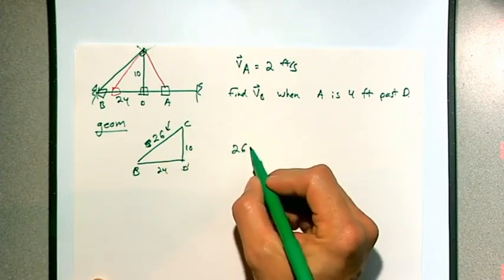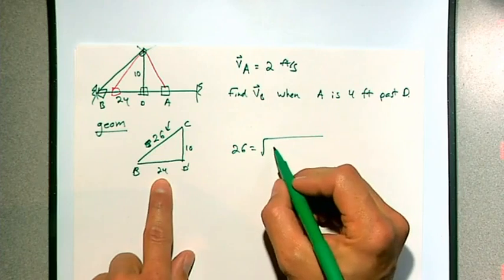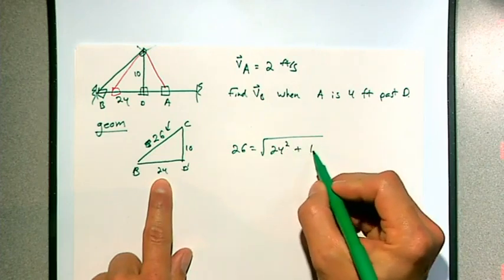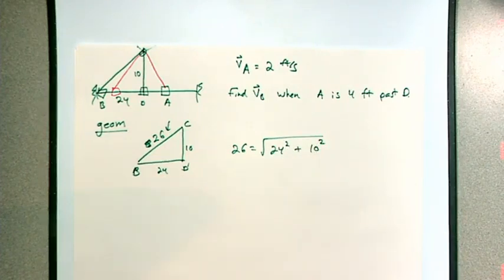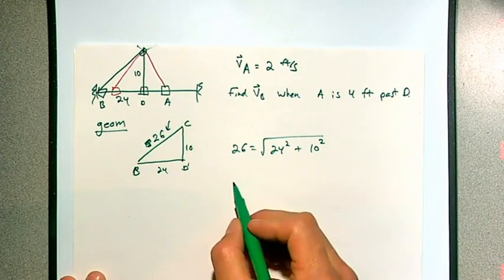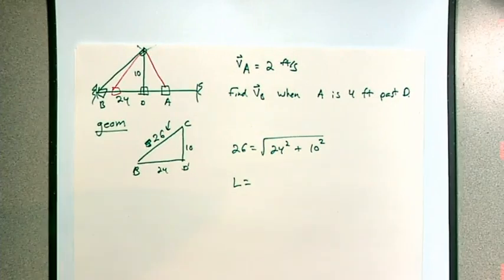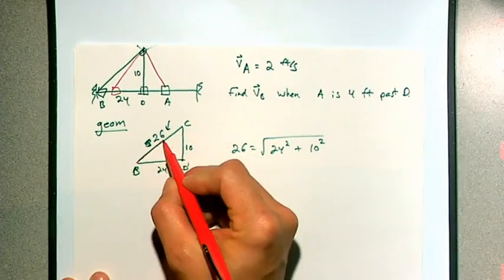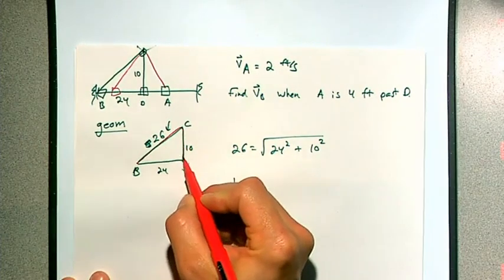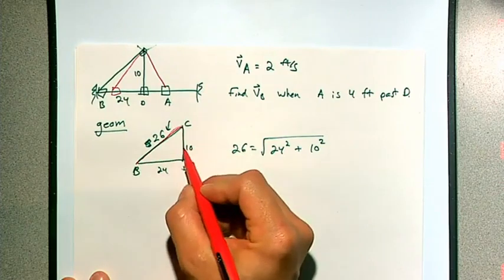This 26 is equal to the square root of the other two pieces squared. So the total length of my rope, L, is this 26 plus this 10, right? Because this is all the rope.